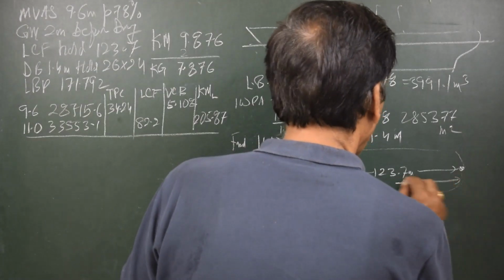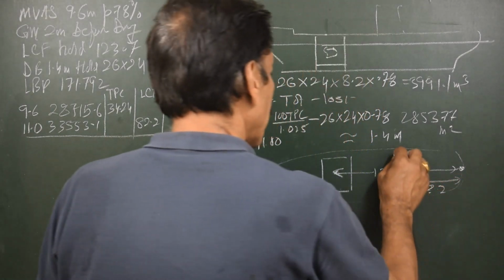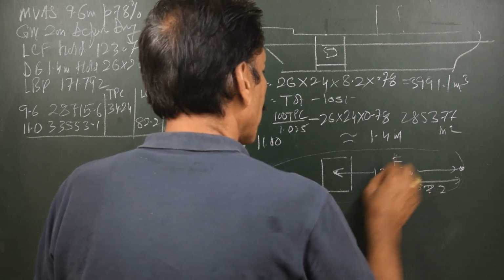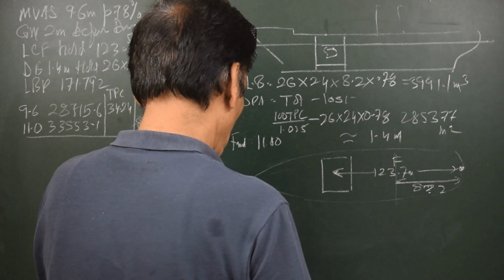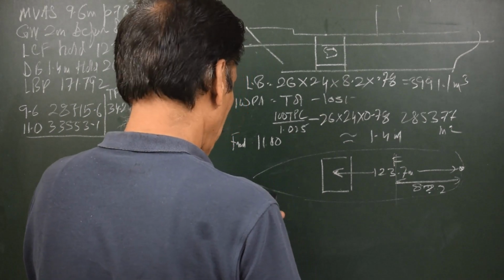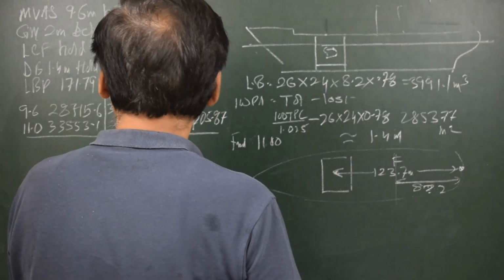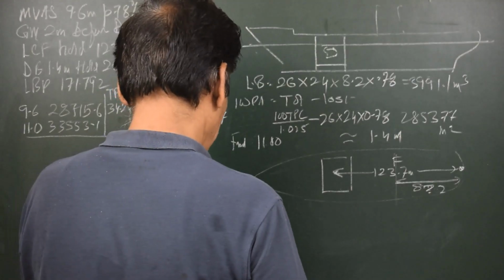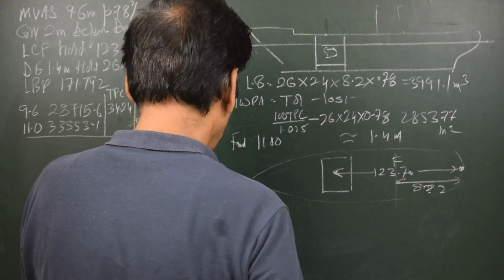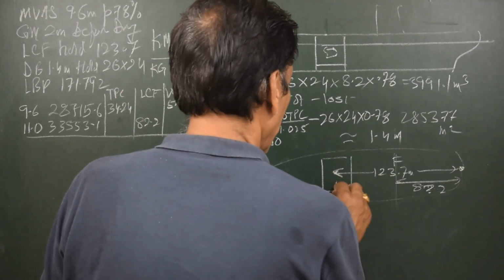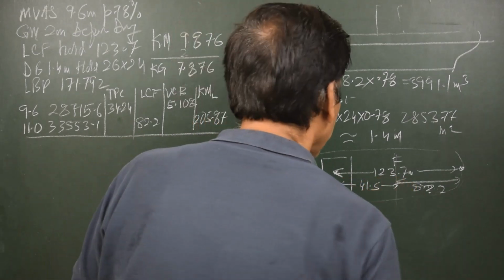So the distance from the center of flotation of the ship to the center of flotation of the hold is 123.7 minus 82.2, which gives me 41.5 meters. So from here to here, it is 41.5 meters.